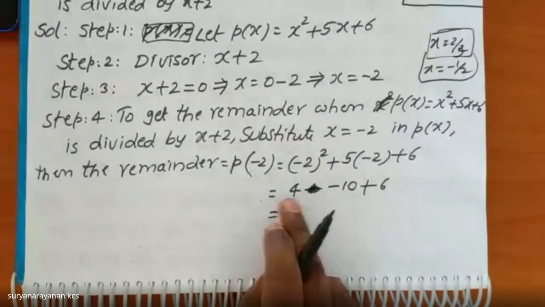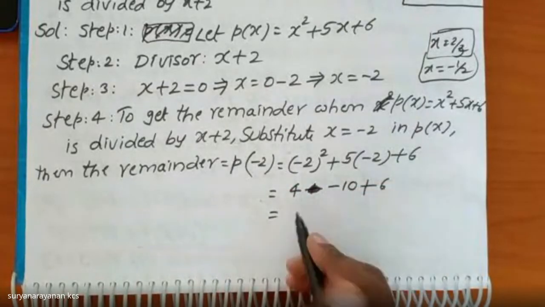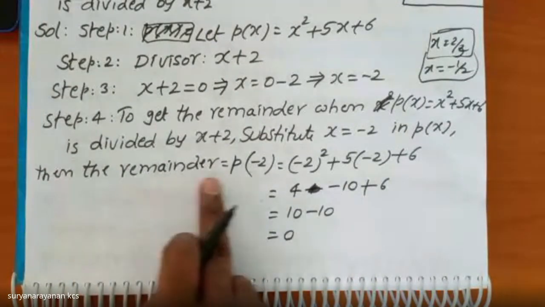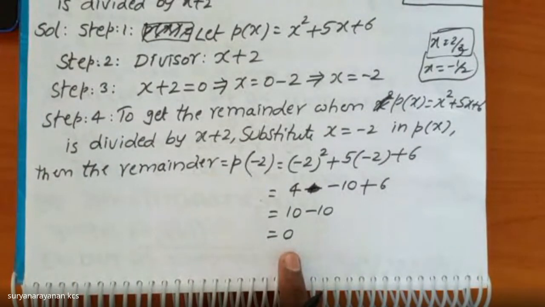Tell me 6 plus 4. These are positive numbers. What will you get? Plus 10, sir. 10 minus 10, what is the value? 0. So what is the remainder we got here? 0.